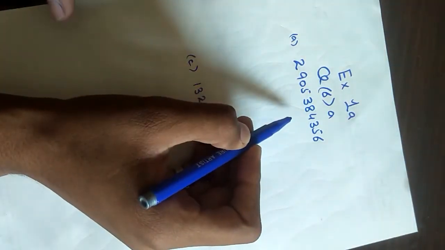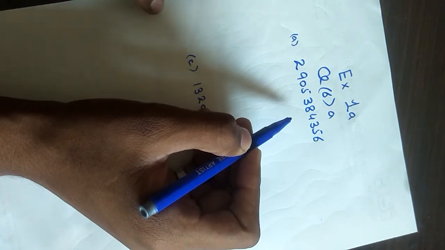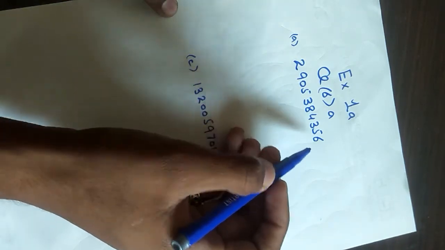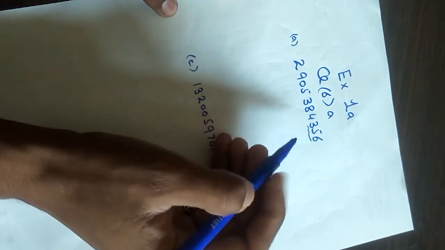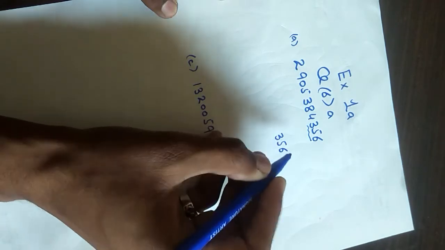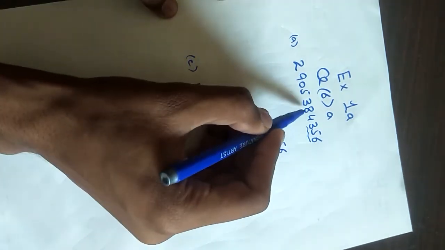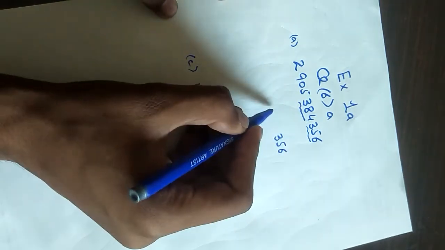So part A, let's solve starting from the right side, to give spaces between the numbers. From the right side take the first three digits, 356. Give space and then choose the next three digits, 384.